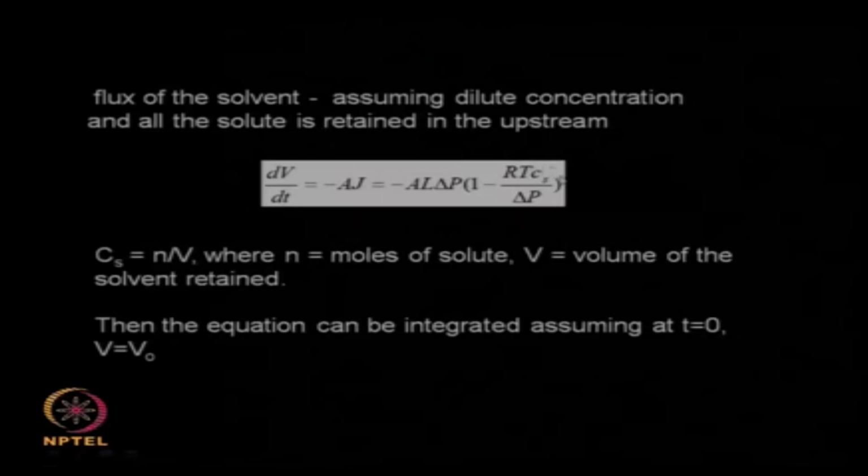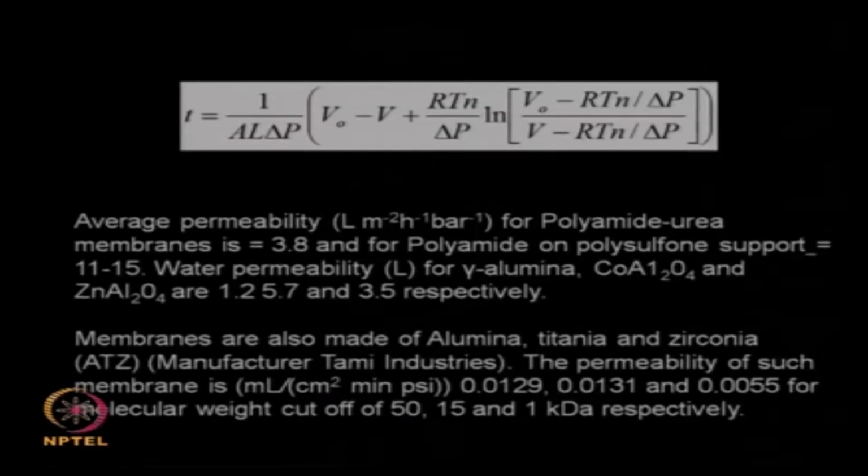Okay. We will look at this osmotic pressure later, how to define osmotic pressure in terms of concentration based on Van 't Hoff's relation. We will talk about that later, but for the time being we will assume this. This equation can be integrated assuming at t equal to 0, V is equal to V0, correct. So, if you do that we will end up with a relation like this, t is equal to 1 by AL delta P and so on actually.